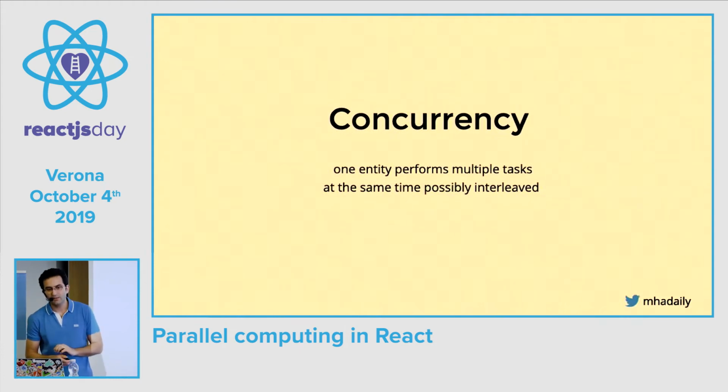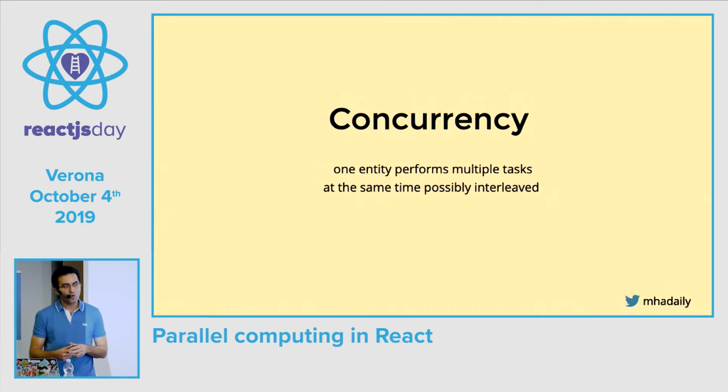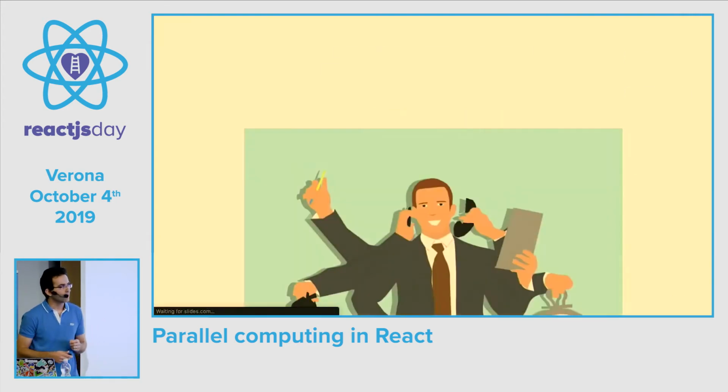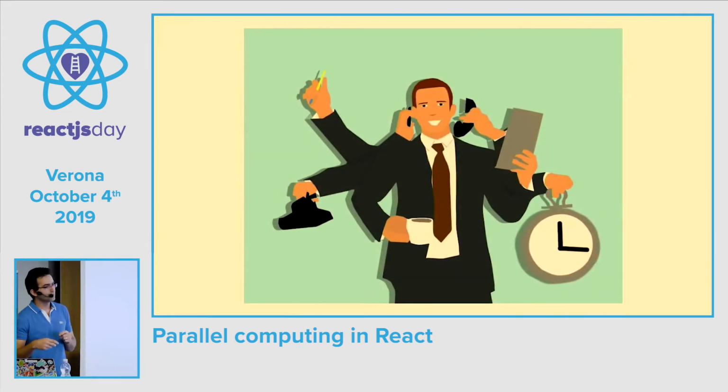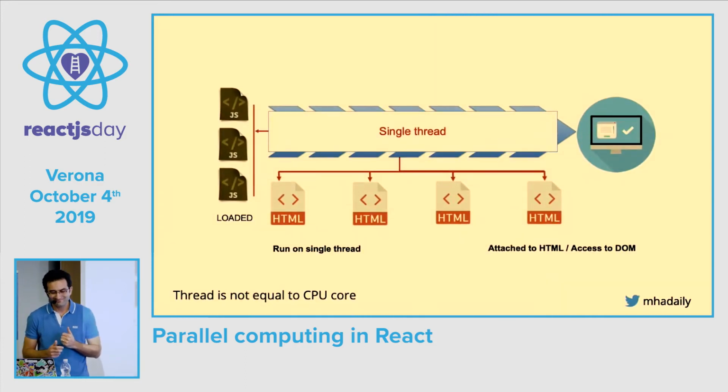But when I say concurrency, it means that one entity performs multiple tasks at the same time. All right, you can think of it like that. That's serious. This is concurrency.